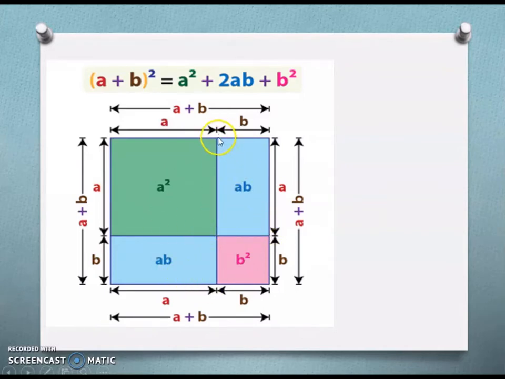If you take this much length a and make a square out of it, this area will be a². Now here, the breadth is b and length is a, so area will be ab. Here it is b into a, again ab, and this is b into b, b². So this entire square, which is of lengths a + b and a + b, can be written as a sum of all these. That is a² + ab + ab + b², that is a² + 2ab + b².